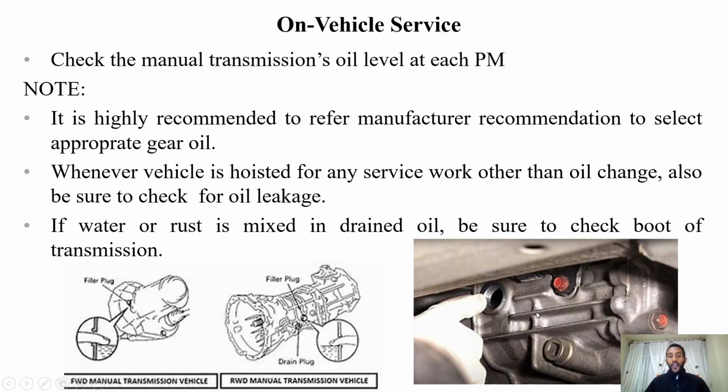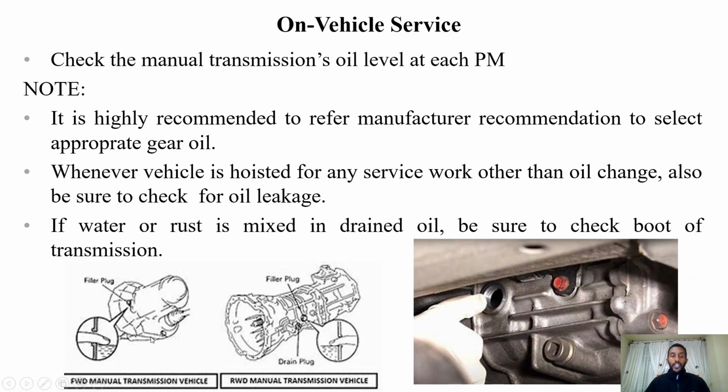To check the manual transmission oil level, if you observe here, there is a filler plug, and at the bottom we will find the drain plug. You can also see in this schematic diagram for the transaxle and transmission, this one is the filler plug and this one is the drain plug. In a transaxle, you can see the front wheel drive or rear wheel drive system.